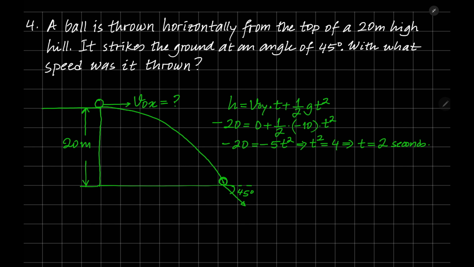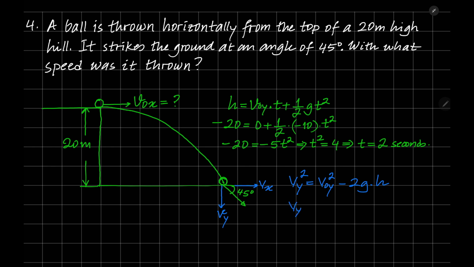When it strikes the ground, it has a vertical velocity vy and a horizontal velocity vx. We know that vy square is equal to v naught y square minus 2g times h.